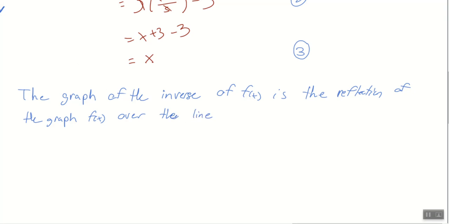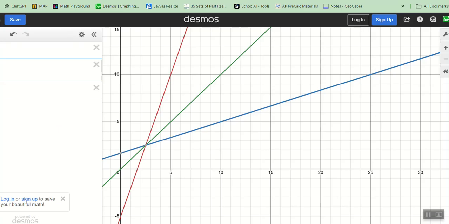Can anyone remember? What did I just say a second ago? What was the most important line? Y equals x. This was my original. This was my inverse. Yep, reflected over y equals x.